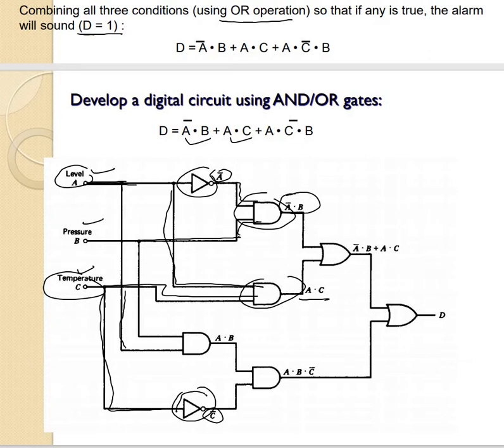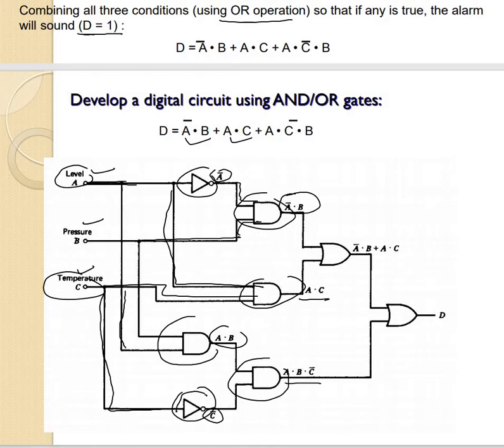Because all the gates have a maximum of two input ports, for the first AND gate we multiply A with B, and we get A dot B, and then we use another AND gate to multiply with C complement. So we will get A dot B dot C bar, C complement.